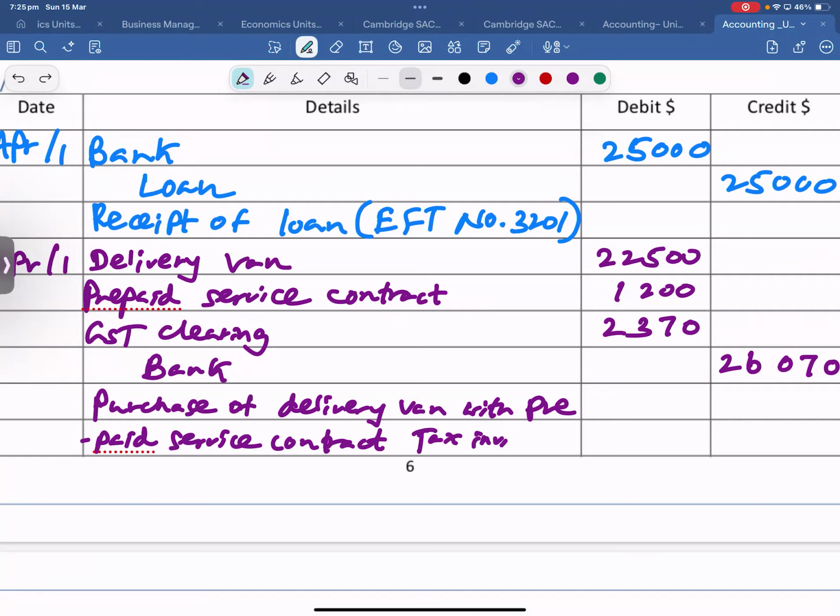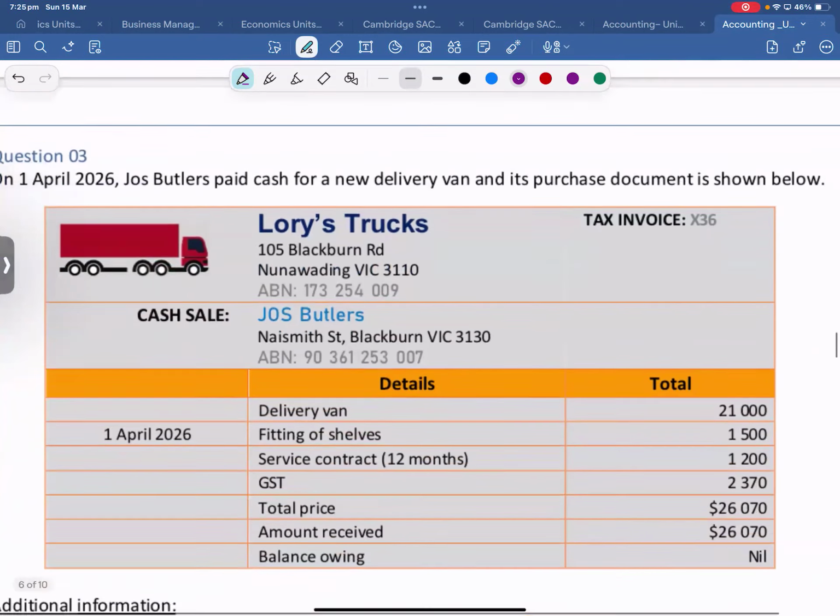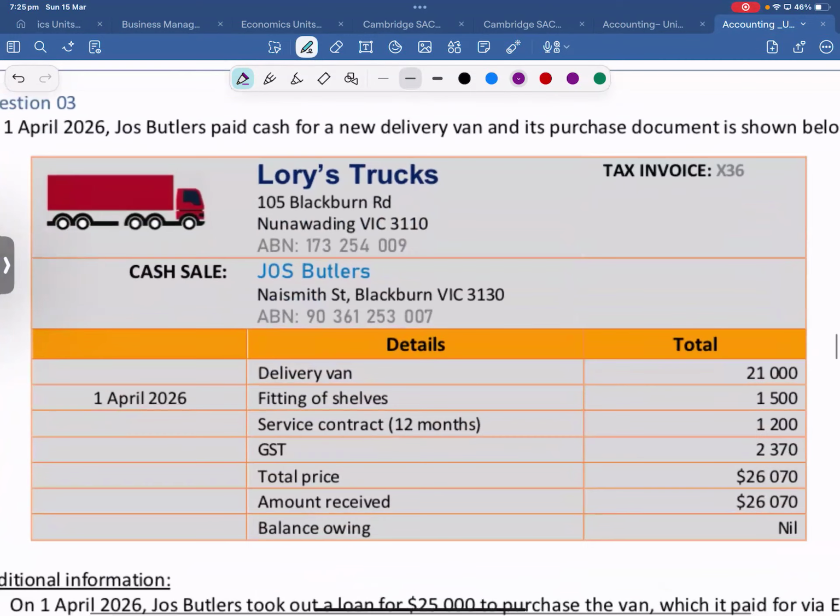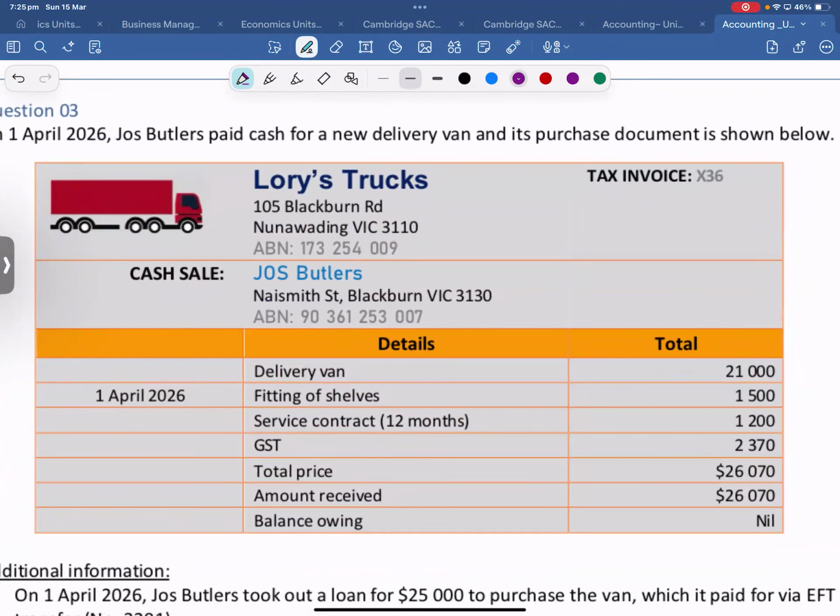Tax invoice X36. Wait, tax invoice, is it a receipt? No, because it's a cash sale. Cash sale. Yeah, but they haven't given us a receipt number.